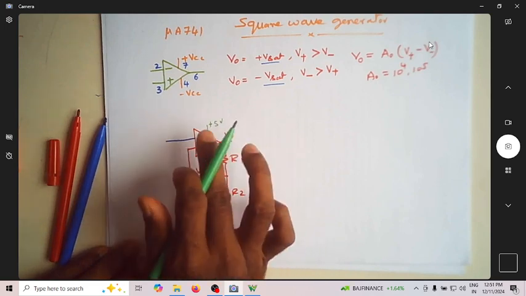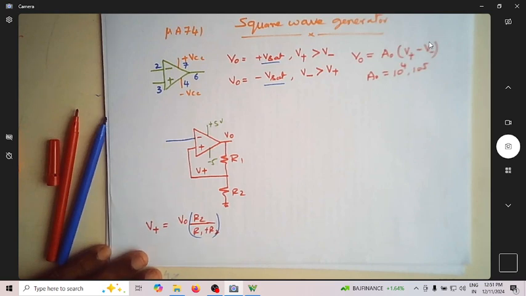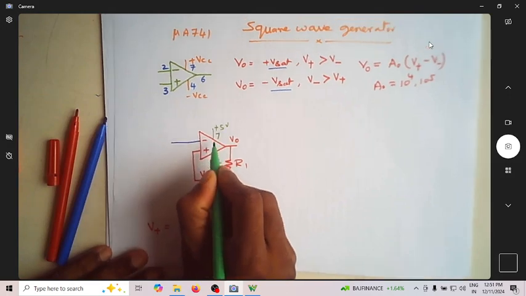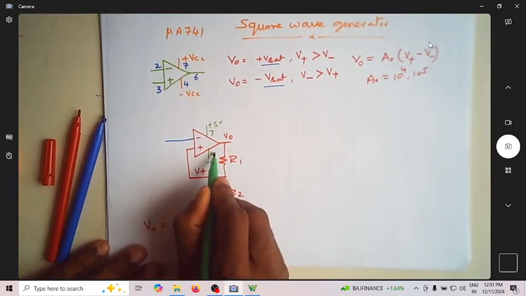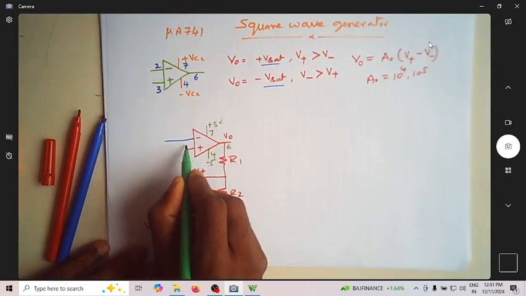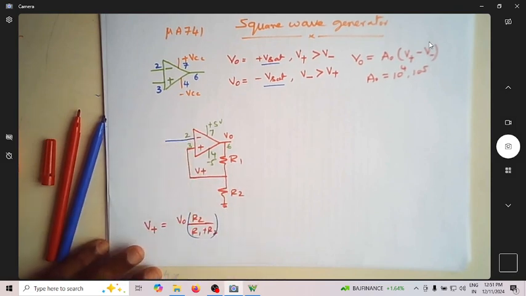It can be any voltage. Since I am conducting the experiment using Analog Discovery, I am connecting it to plus 5 and minus 5. This is pin number 7, this is pin number 4, and pin number 6 is the output. Pin number 3 is the non-inverting terminal, and pin number 2 is the inverting terminal.